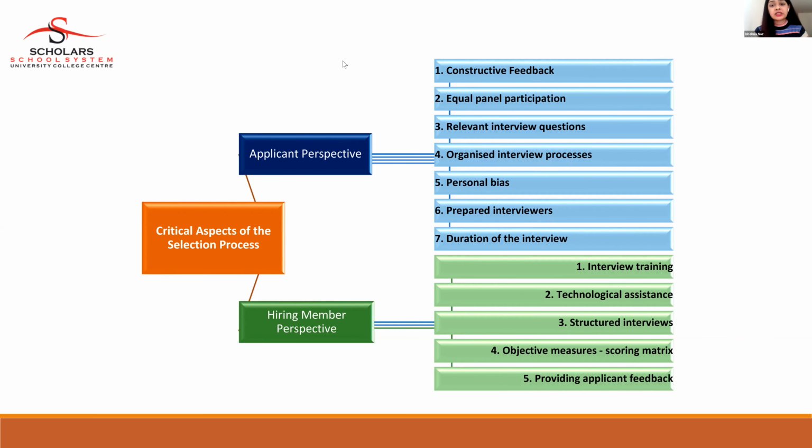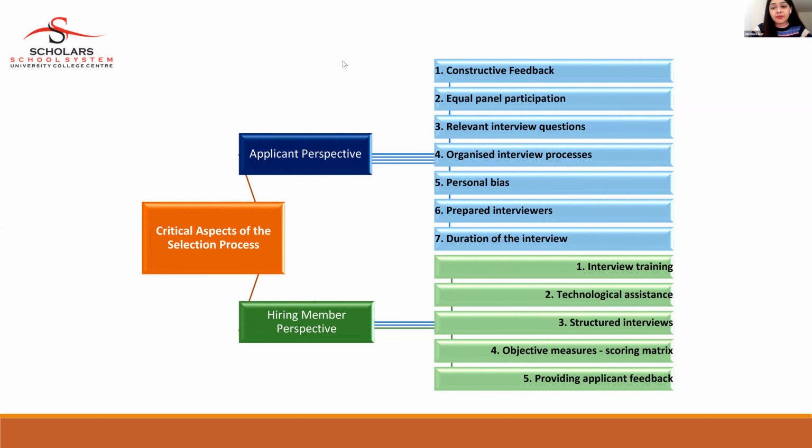The interview process needs to be organized properly. There should not be any kind of personal biases. And the duration of the interview should not exceed more than 1 hour, or maximum maybe 2 hours.